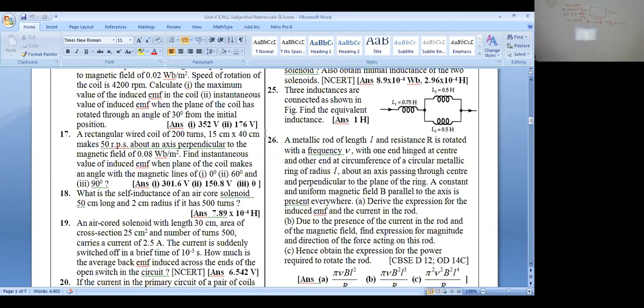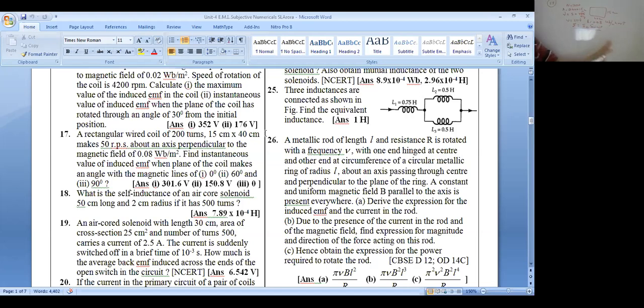So find the instantaneous values of EMF. Instantaneous values here, E is equal to E naught sin omega t, or sin theta here, if the angle is given as 0 degree, 60 degree, 90 degree.